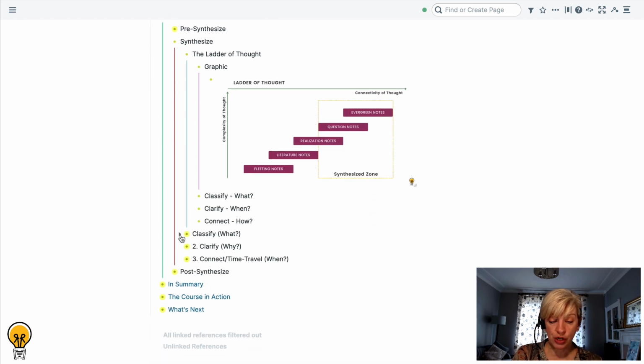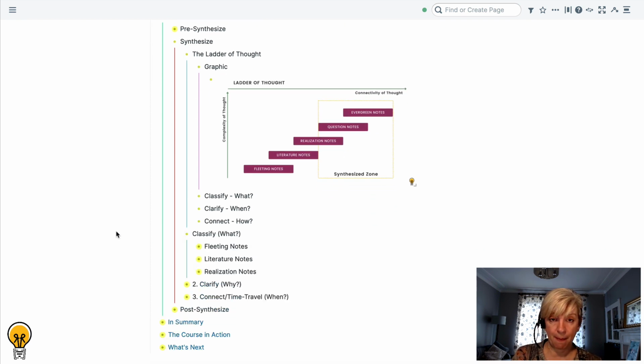I know that you just watched a lesson on block types, but it's worth revisiting these block types again within this context. The first thing you're going to do is classify the note blocks that you already have on your page. If you have taken your smart notes correctly, you will always have a collection of fleeting notes as well as probably the beginnings of either literature notes or realization notes.